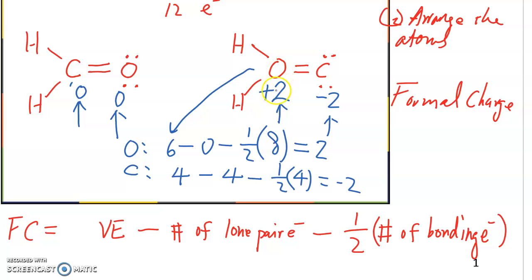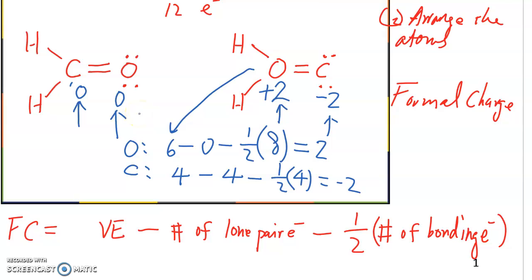Especially when oxygen is positive 2, that's really not stable, because oxygen has a high electronegativity. So oxygen does not prefer to have a positive formal charge. But in any case, if the numbers are closer to 0, then that structure will be more stable.